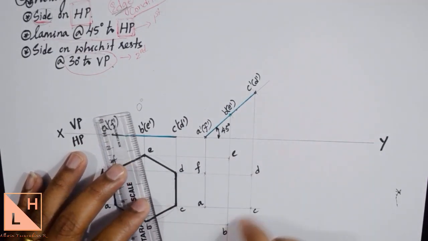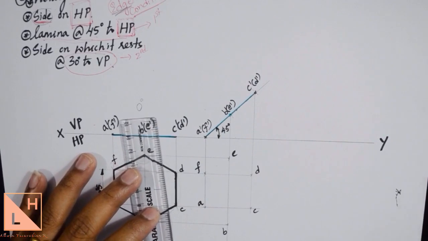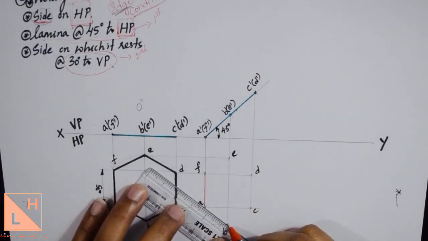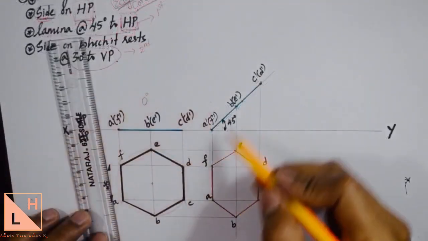Join this with the dark line to get the second position. Now this completes the top view.